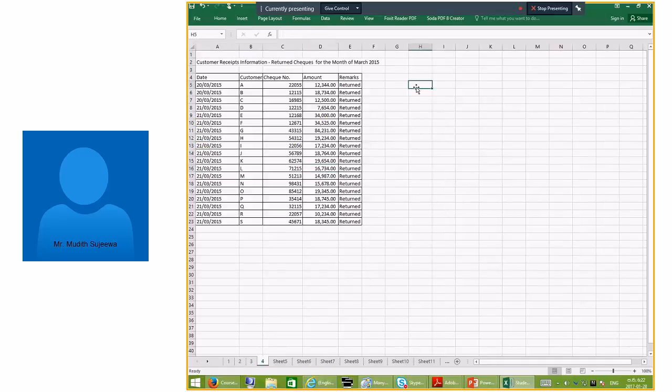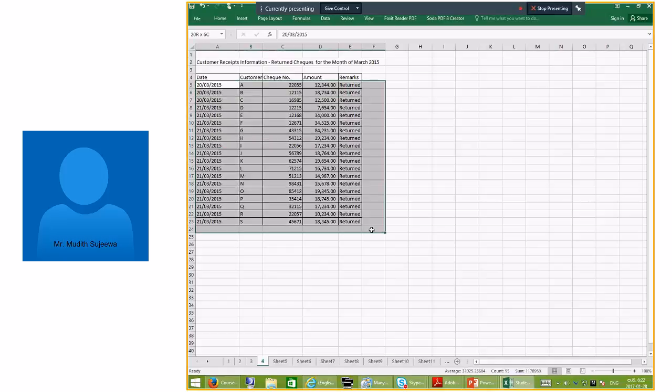Again, this is a real case. This is customer receipt information regarding returned checks for the month of March. So this is a real case in a leasing company in Sri Lanka, right?